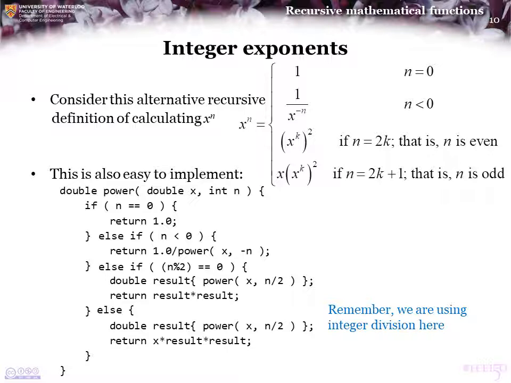Thus, it's not appropriate to just blindly implement any recursive definition that you first find. It's always important to investigate a little bit further. Again, you don't have to memorize this recursive formula for calculating powers of n. But if I was to give you this recursive definition, you should be able to implement this.